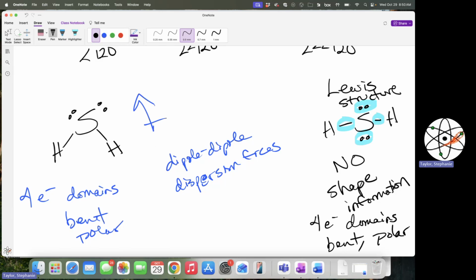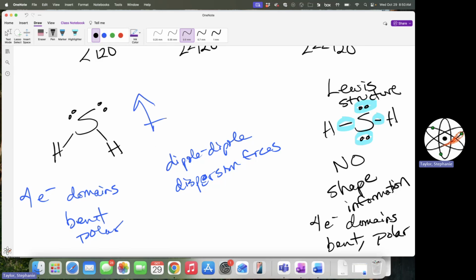But here is the place where if you don't draw the shape, it might get you the wrong answer. Now notice, as long as you acknowledge that what you drew is a Lewis structure and that Lewis structure does not tell you shape information, you could still go ahead and say, well, that means I'm going to rely on counting electron domains. Because in a Lewis structure, you can still count electron domains just fine.